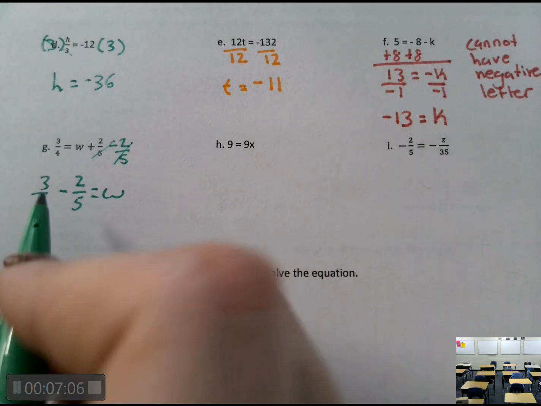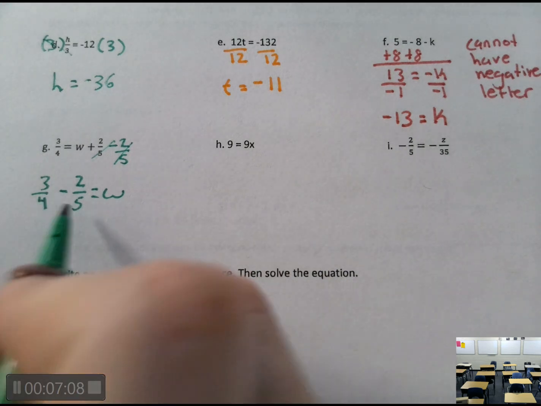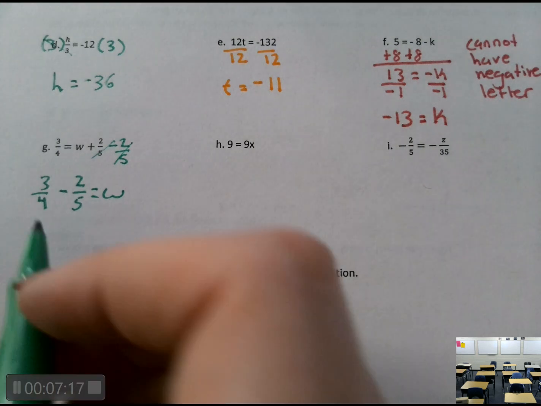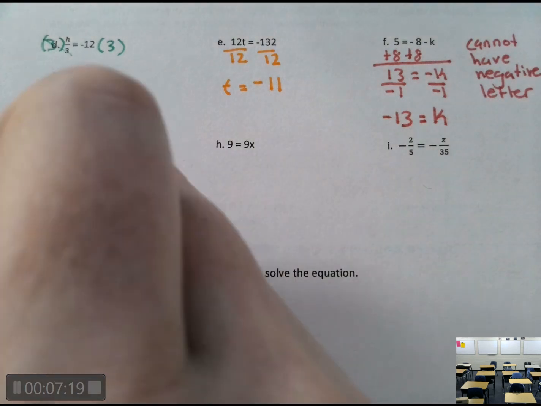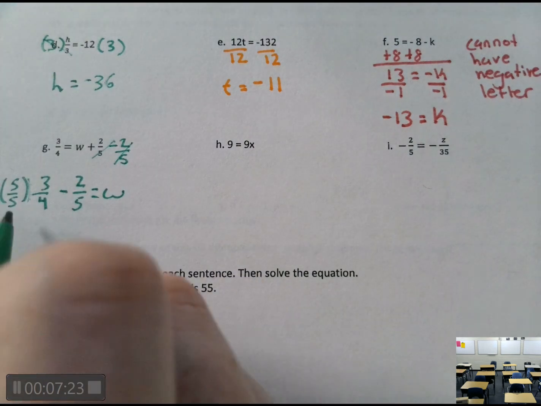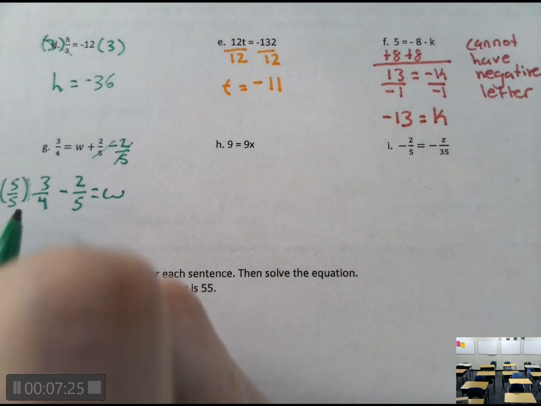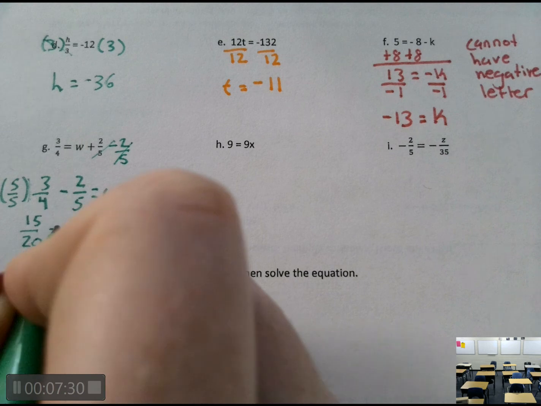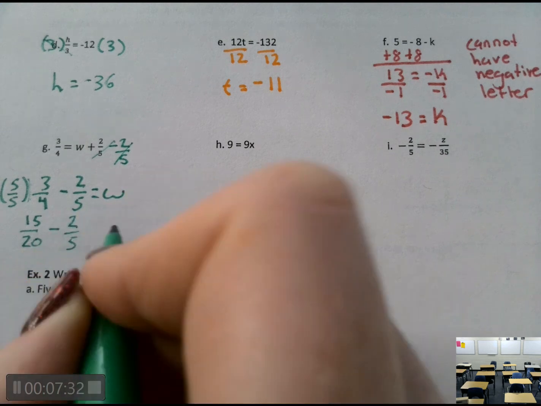I know that 4 and 5 multiplied together give us 20. So I want to make my denominator 20. Therefore, I'm going to multiply 3/4 by 5/5 to get the bottom to be 20. That's going to give me 15/20 minus 2/5 equals w.